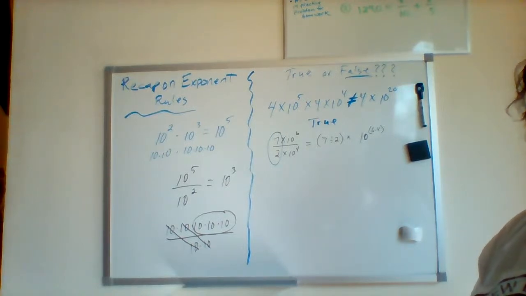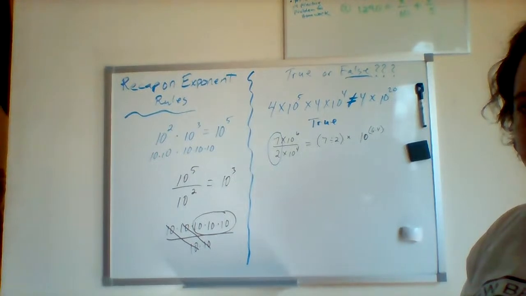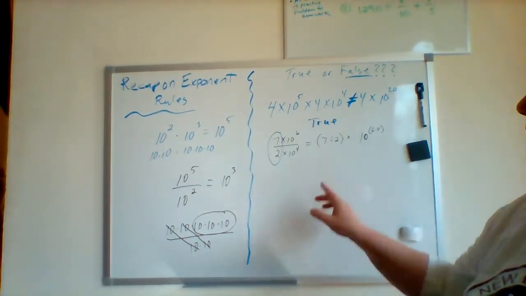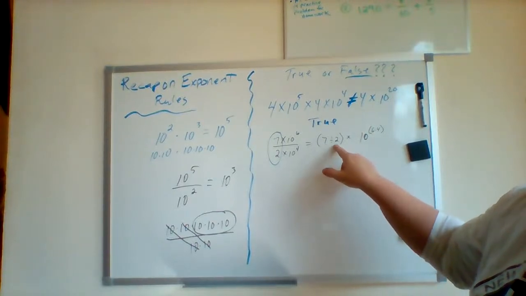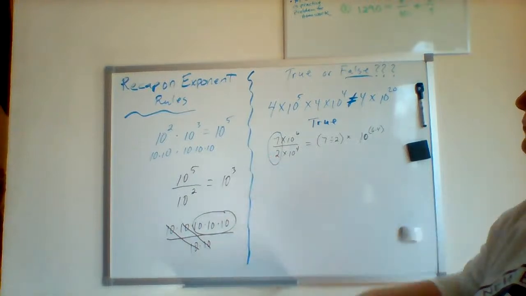How? I just explained it. I'll do it again. So over here, this part goes with this part, 7 divided by 2.